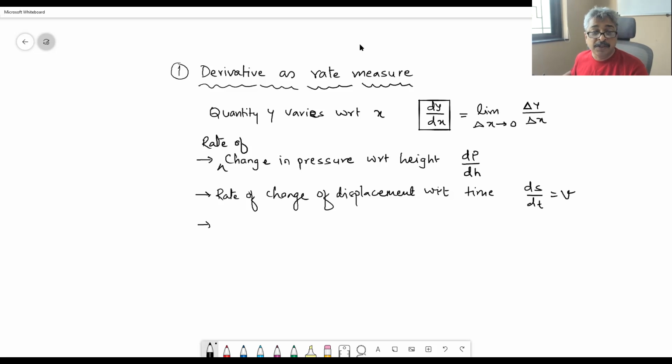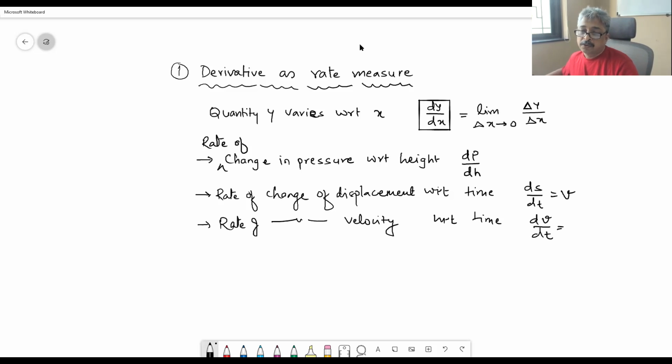Rate of change of velocity with respect to time, d2s by dt square, the second derivative of displacement with respect to time, we call acceleration.